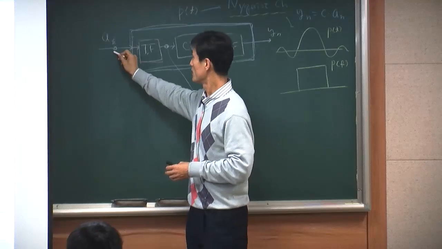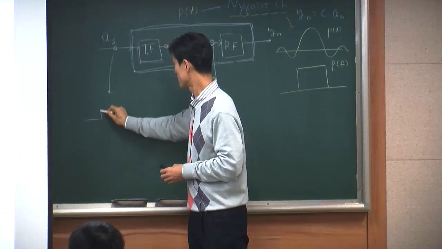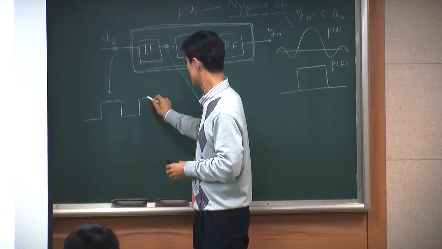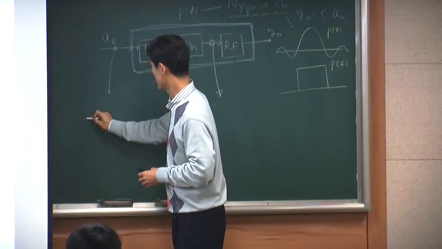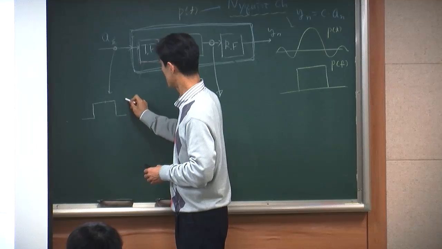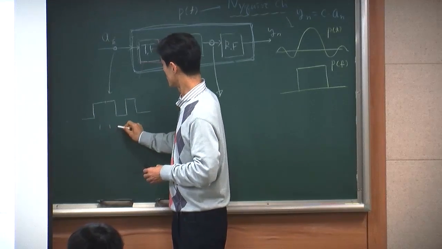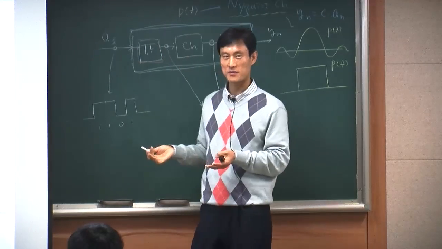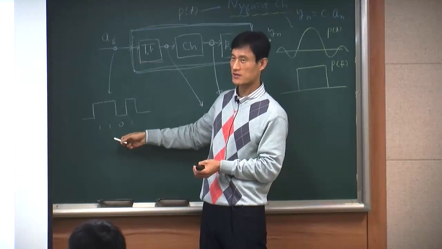Right here, we simply have a pulse train, maybe 1, 1, 0, 1, something like this. I'm just giving an example.